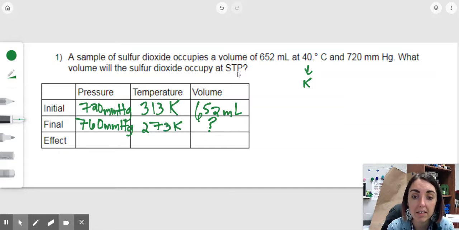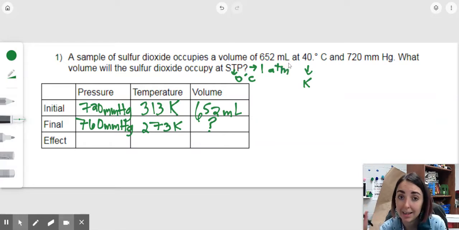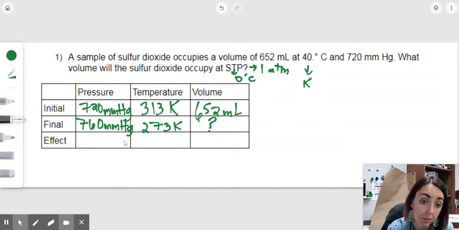So again, whenever you see STP, that's 0 degrees Celsius and 1 atmosphere. You could change those to whatever units you need, but that is, in general, what STP is.